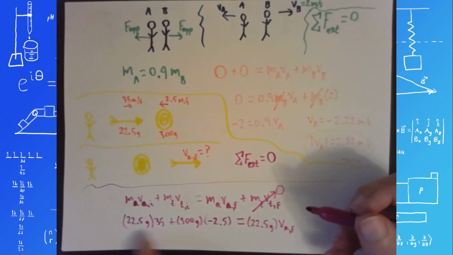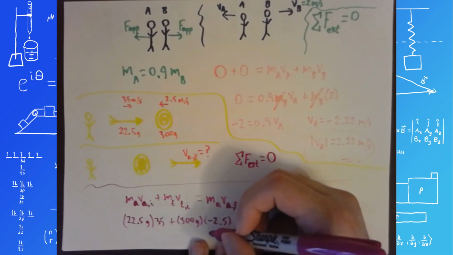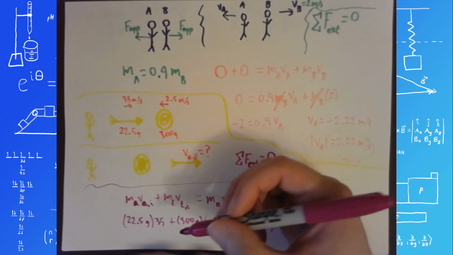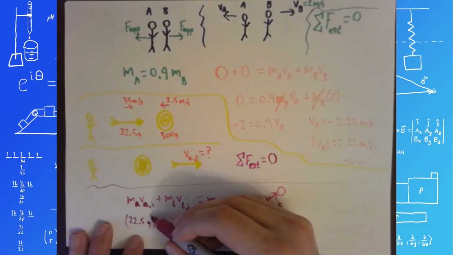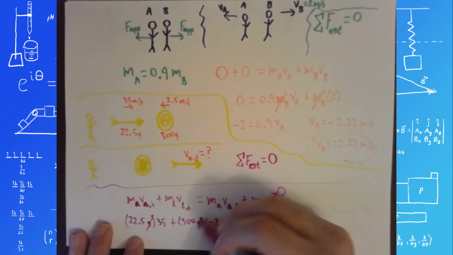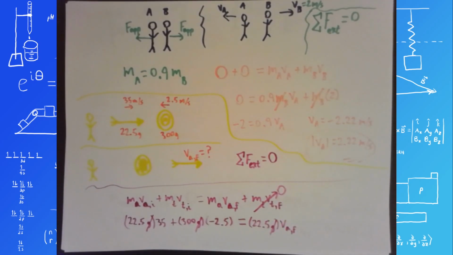So yeah, even if I converted everything to kilograms, I'd be dividing this by 1,000 and dividing this by 1,000 and dividing this by 1,000. Dividing by 1,000 on both sides of the equation ultimately changes nothing. So you could also just cancel the grams on both sides of the equation, and there you go.